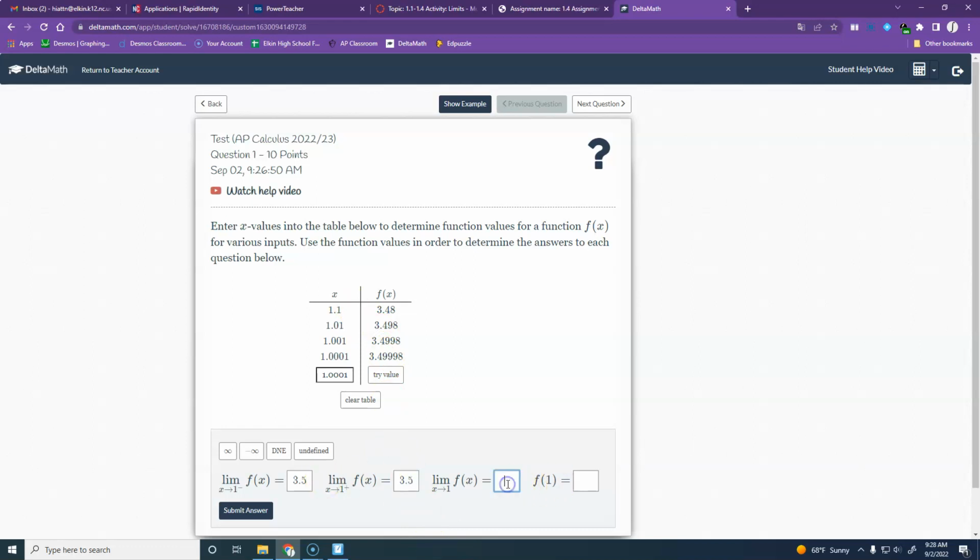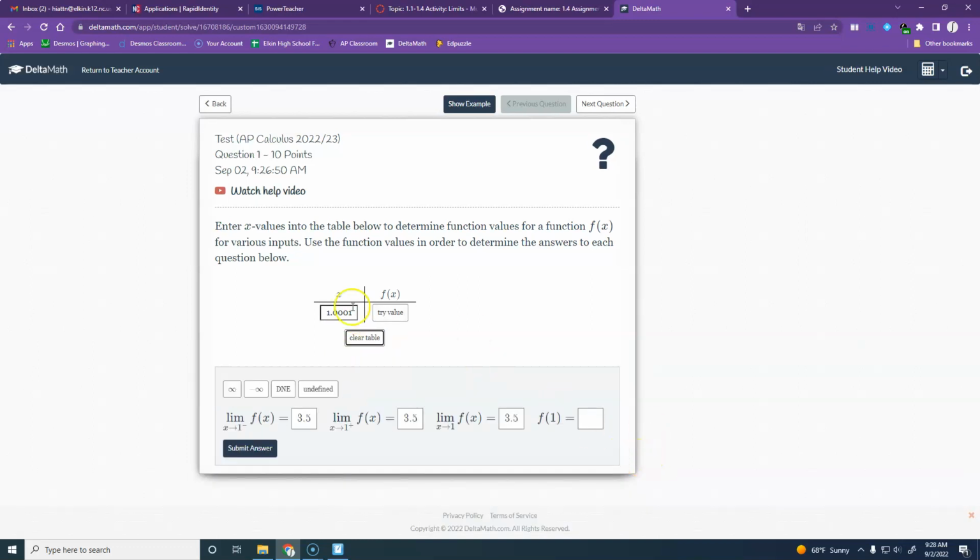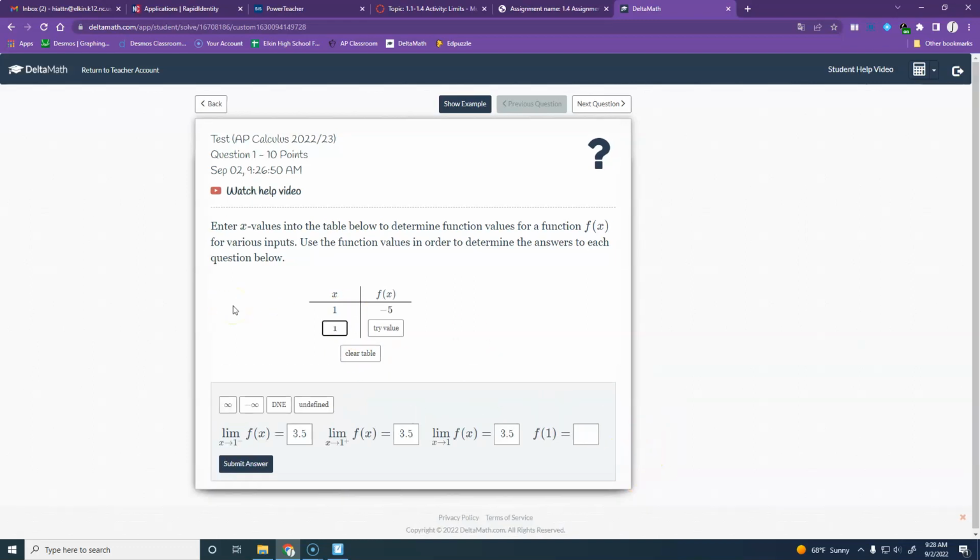Because those are the same, you'd have 3.5 here. It's possible to get does not exist if they don't approach the same value there. And then to find f of 1, you just type in 1 here, and it tells you that it's actually -5. So you've got a limit that approaches something, but you got an actual extra dot out here in space is what's happening for this graph, right?